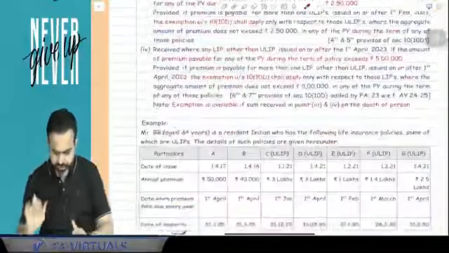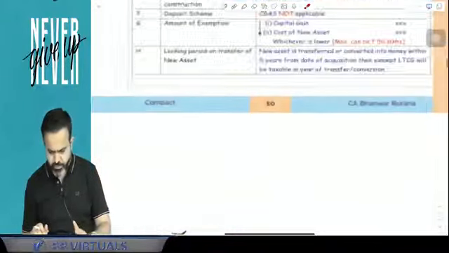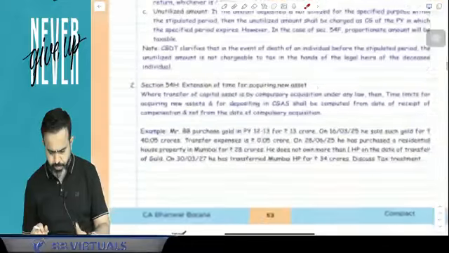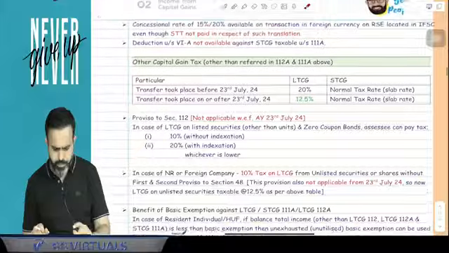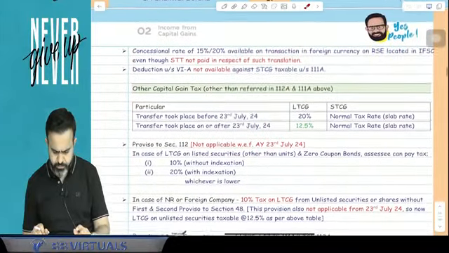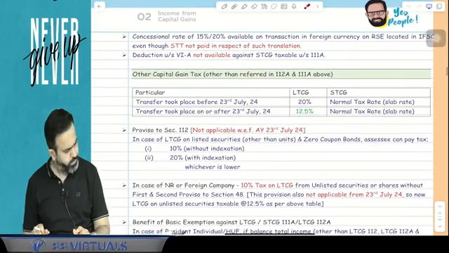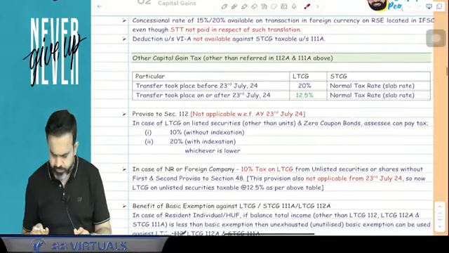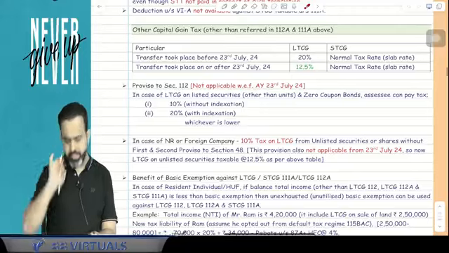If you have the book, then just check the page number where I have given the computation of tax liability. That is, I think, on page number 58. Okay, just tell me one thing.